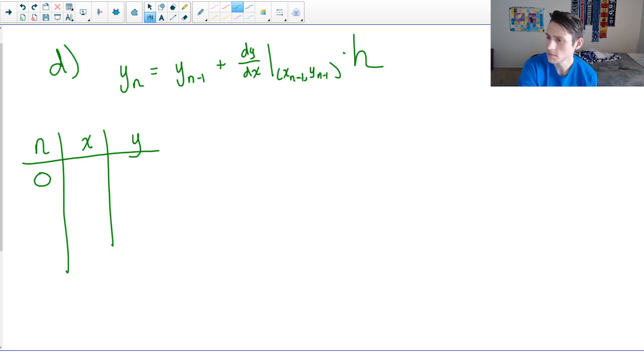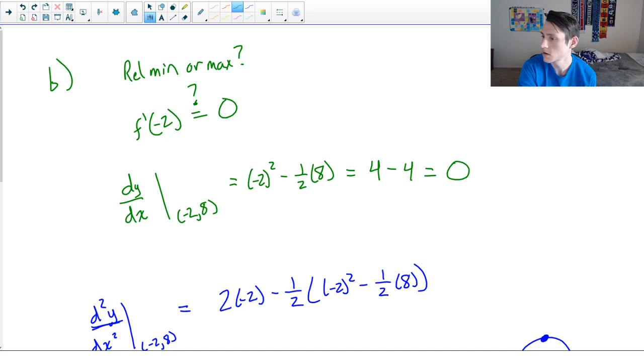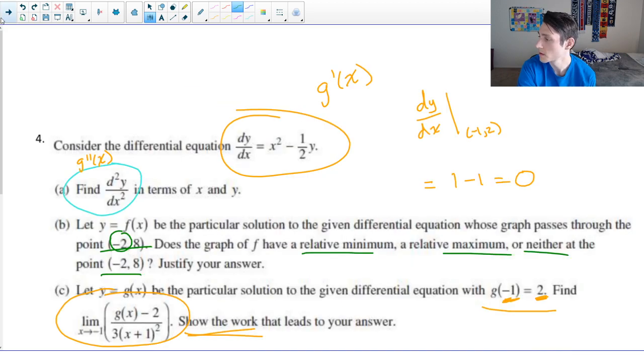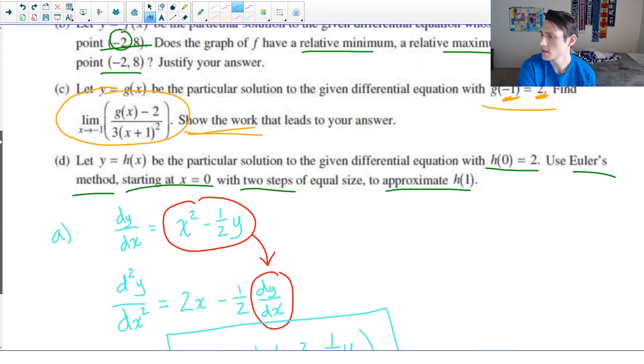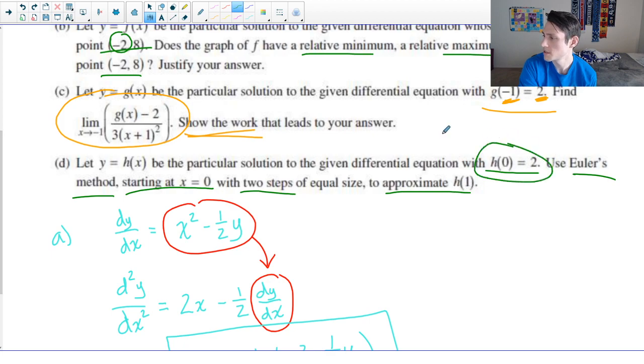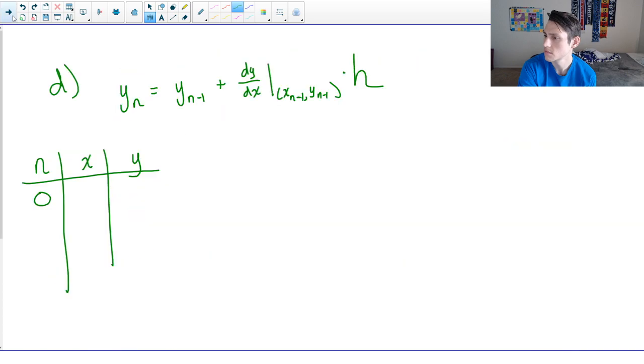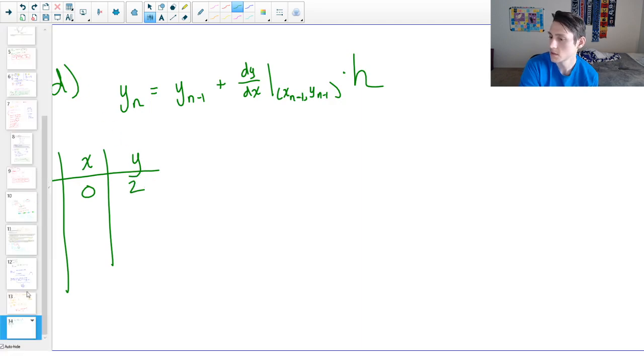So 0, the initial condition, right, n equals 0 is just the starting point, which in this case, h of 0 equals 2. If I plug in 0, I'll get 2.